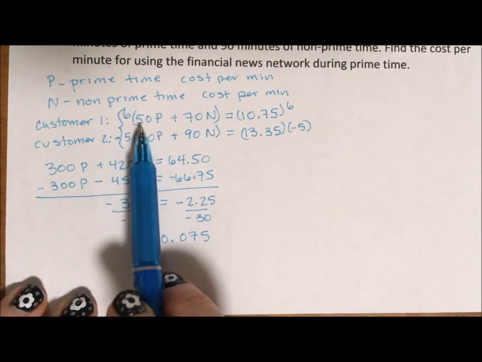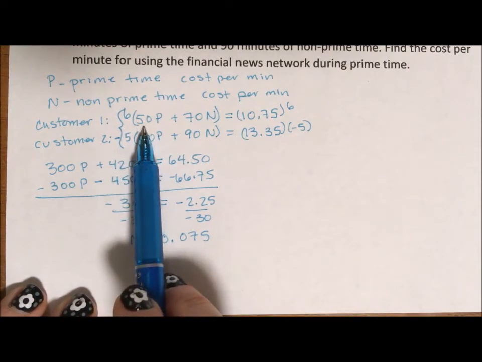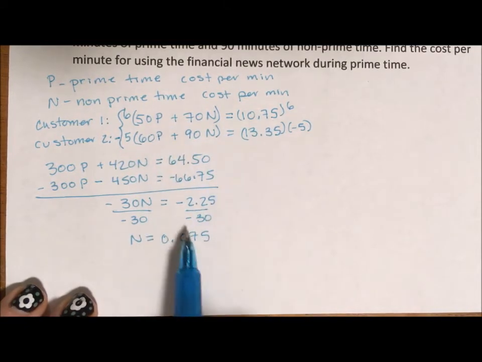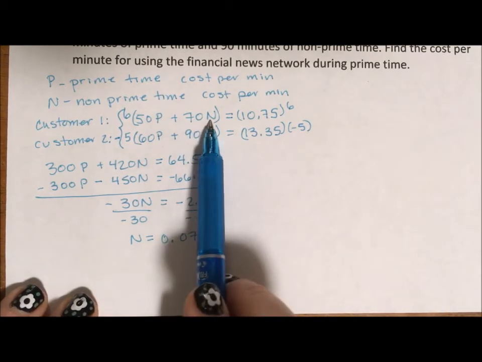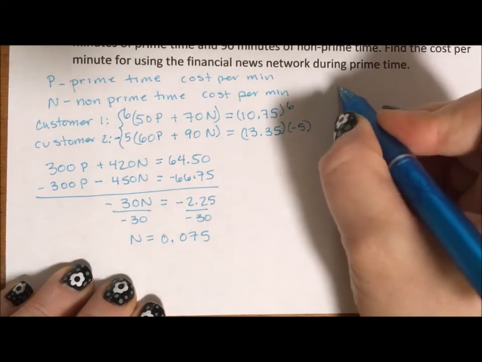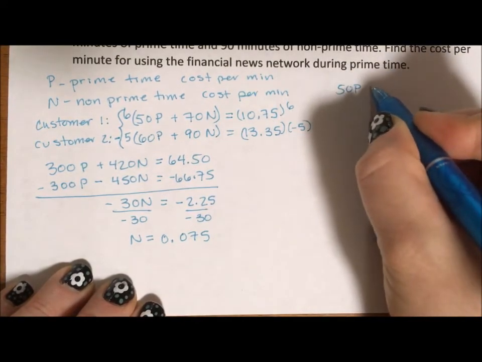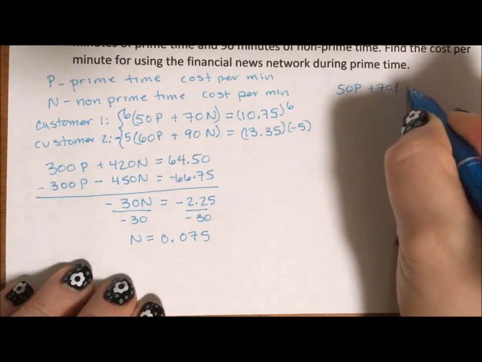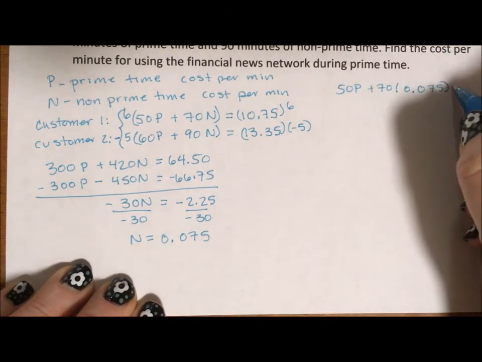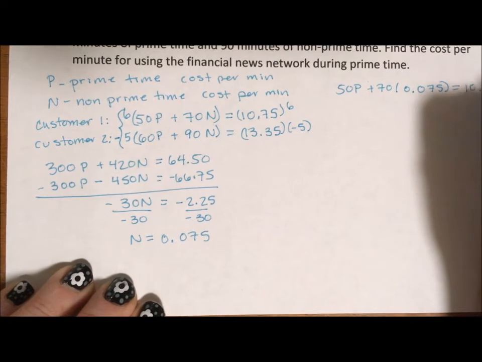So now what I need to do is figure out the cost for prime time. I'm going to use the first equation, this 50P plus 70N equals 10.75, and I'm going to substitute what I just got in for N so that I have one equation with one variable. So I'm going to say 50P plus 70 times 0.075 equals 10.75.